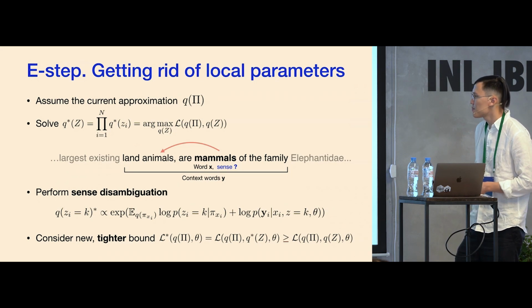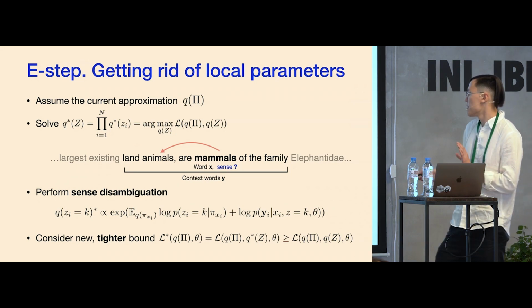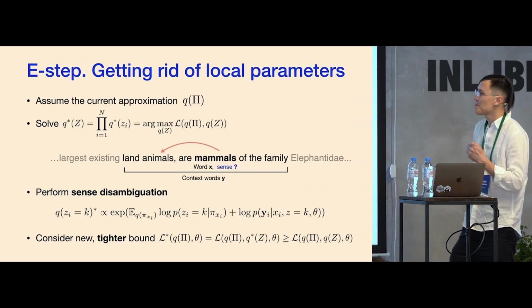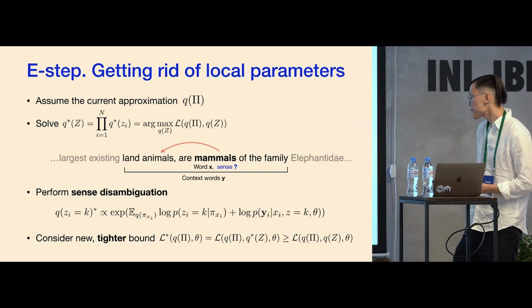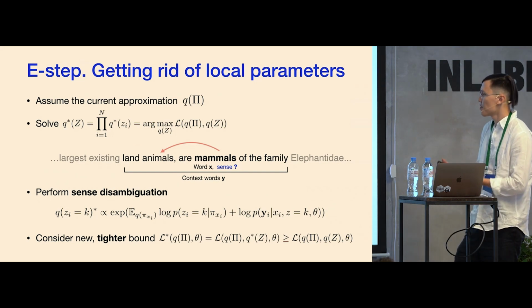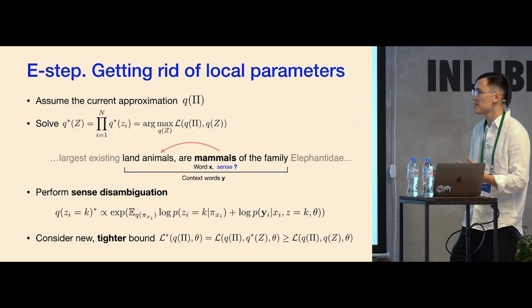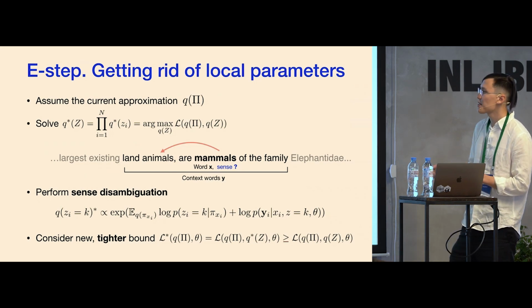We have the expected prior probability of the meaning, and how well does this meaning predict in the context. So the balance between this expected prior and the likelihood defines the posterior probability for each of the meanings.